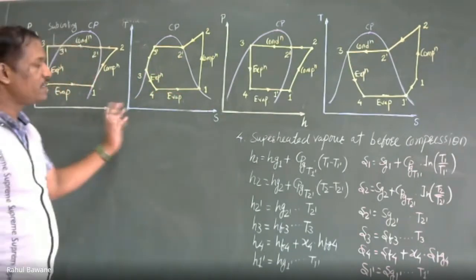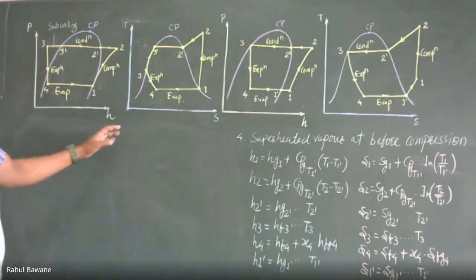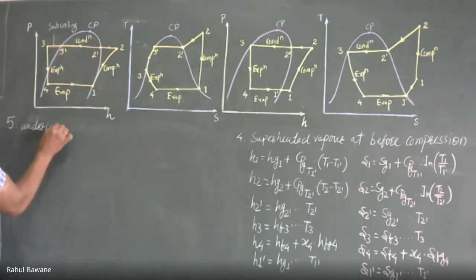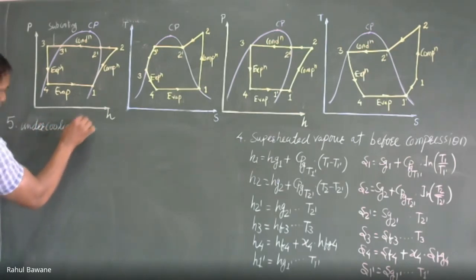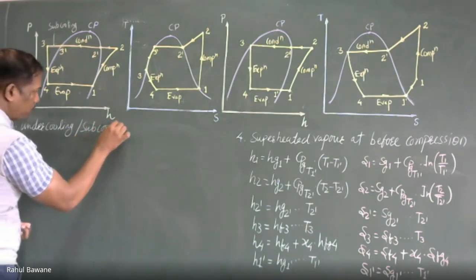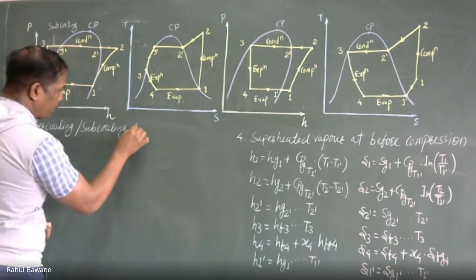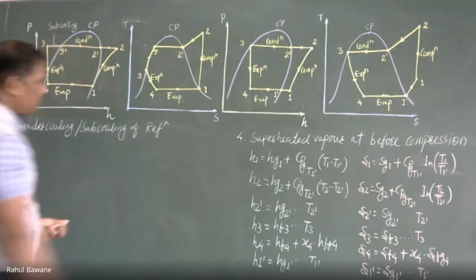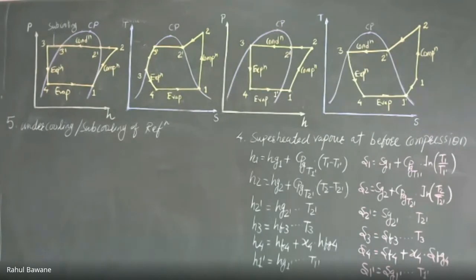So this will be the representation of the pH and TS diagram for subcooling. This is the fifth point, undercooling or subcooling of refrigerant.